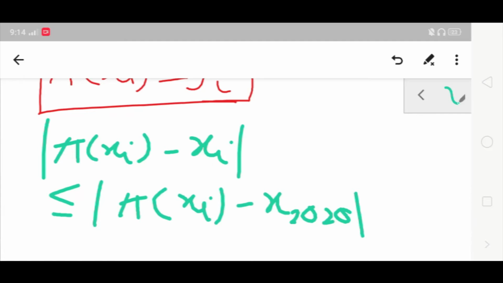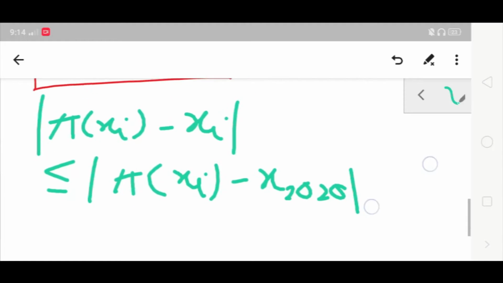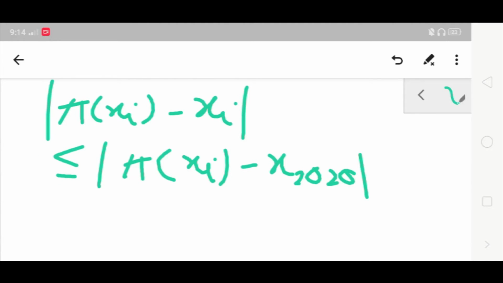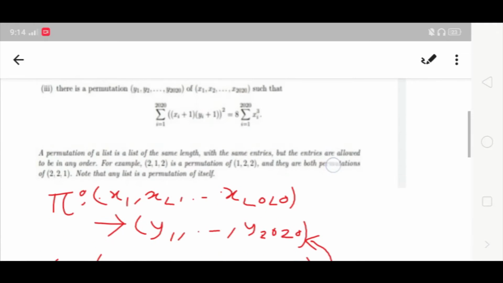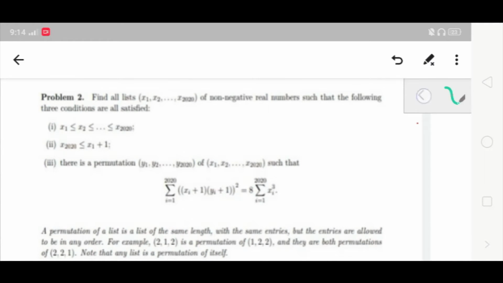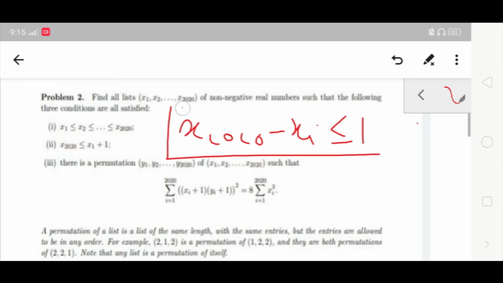Why? Because x2020 can be the largest of the permutation x1, x2 up to x2020. Hence there is a given condition in the problem. Let me show you that this definitely holds. This means for any xi we can write x2020 minus xi is less than or equal to 1.